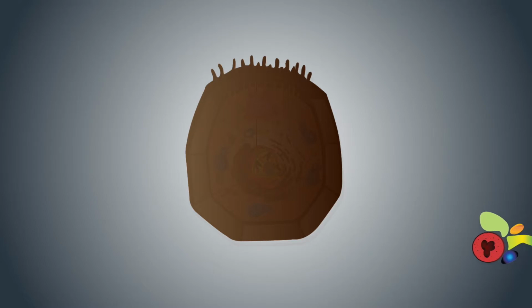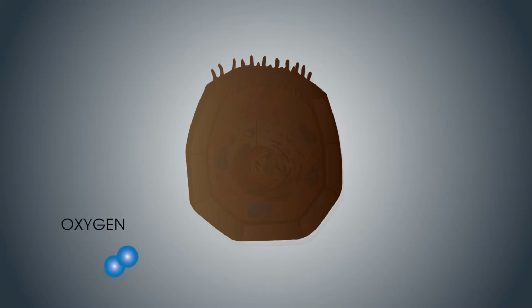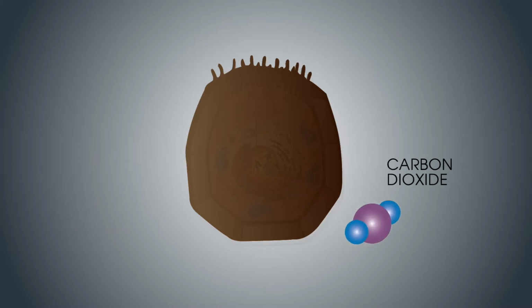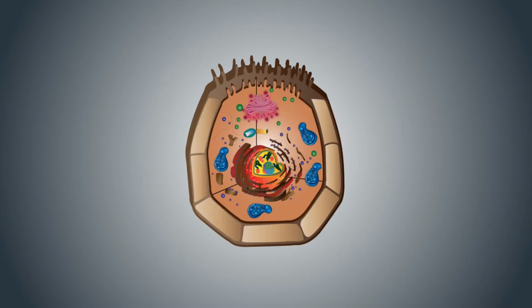Particles of food, for example, can enter through the membrane so that they can be used as raw material for manufacturing and as fuel for energy. Oxygen can also enter the cell to be used for burning fuel. Other things pass out of the cell through the membrane, including waste like carbon dioxide gas and important chemical products that the cell has manufactured.